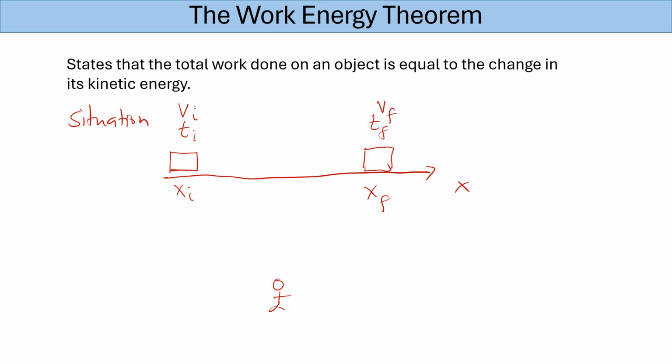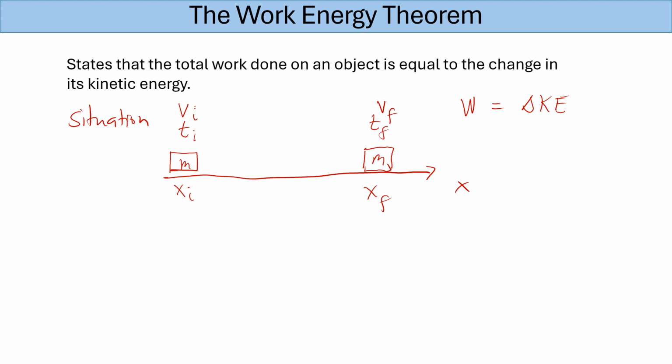Okay, so the work energy theorem in this case states that the work done on this object of mass m is equal to its change of kinetic energy. So we can write that as the work is equal to the change in kinetic energy.